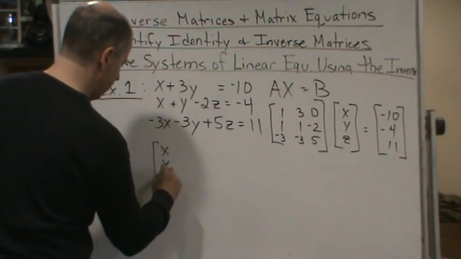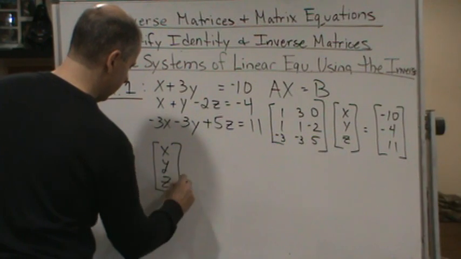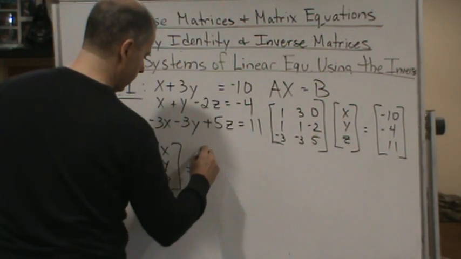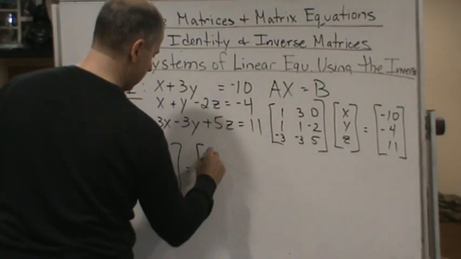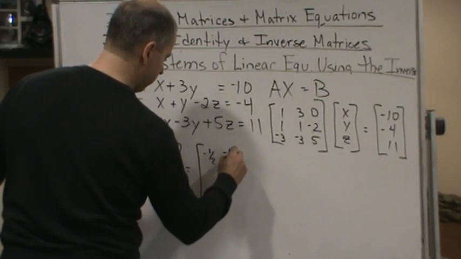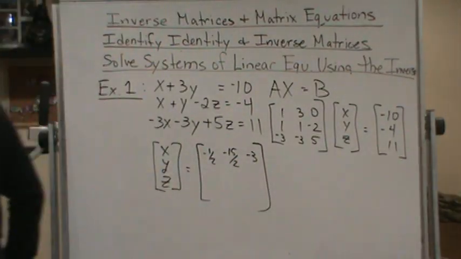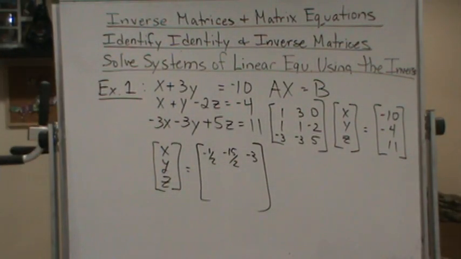So X, Y, and Z is going to equal the inverse, which was negative 1/2, negative 15 halves, negative 3, followed by 1/2, 5 halves, 1.